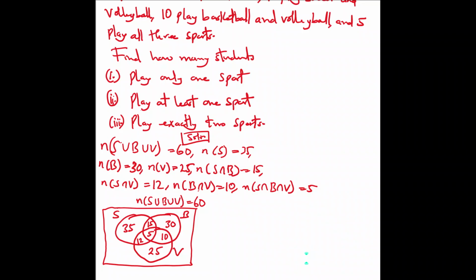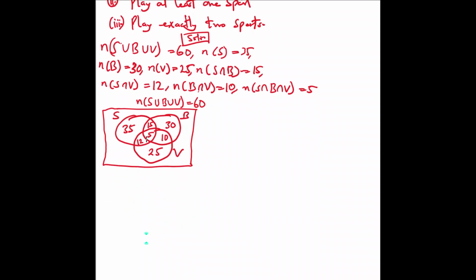Okay. So now we have to look for the number of students who play only one sport. But first of all, we have to look for the number of students who play exactly 2 sports. So we are looking for the number of students who play only soccer and basketball.